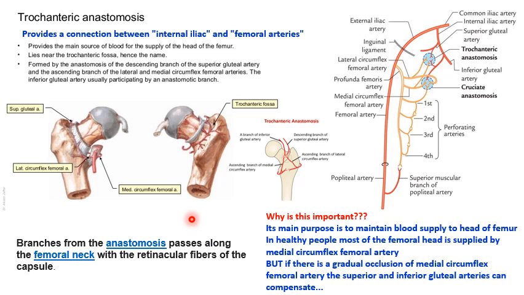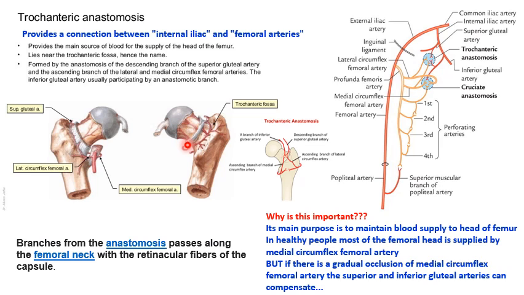The branches from the anastomosis pass along the neck of the femur as reticular fibers along with the lenticular fibers of the capsule to supply the head and neck of the femur. So why is this trochanteric anastomosis important? As we have been saying, its main purpose is to maintain blood supply to the head of the femur.